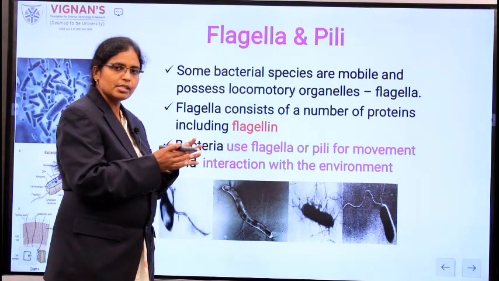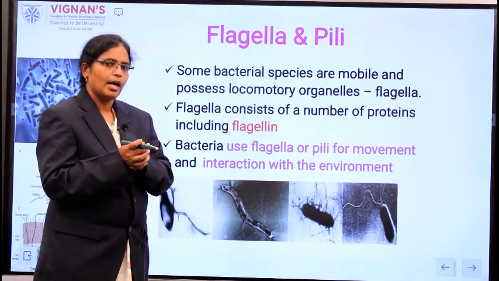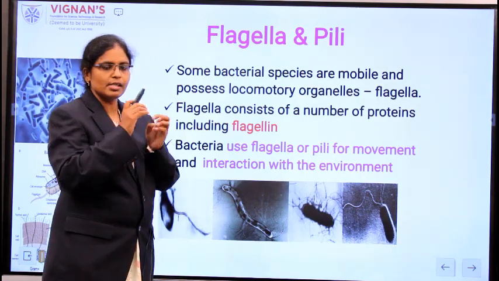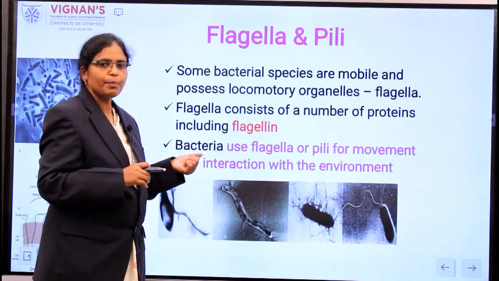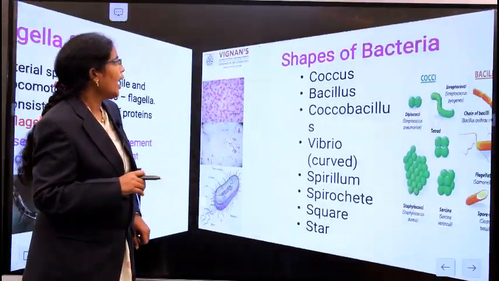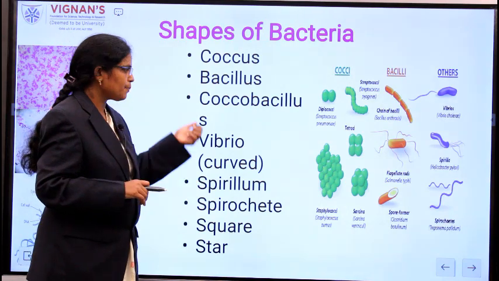Some bacteria have a single flagellum, some have many flagella, some flagella are arranged on one side, and some are arranged all over the body of the bacteria. So the arrangement and number of flagella is also important for identification of the bacteria. Now see the various shapes of bacteria.